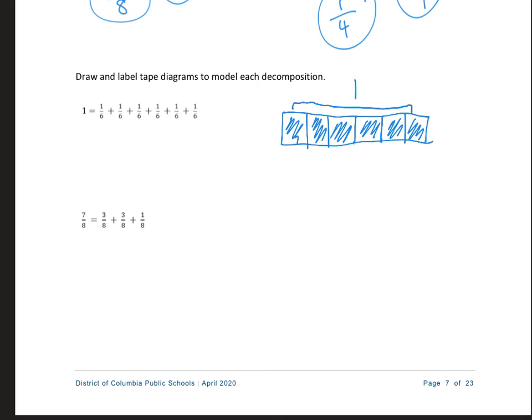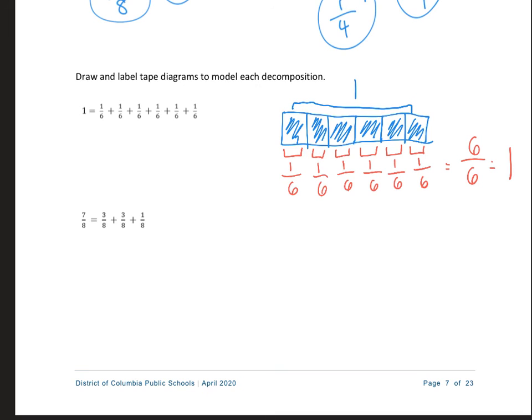They bracketed each one individually, so I'm going to have 1/6 plus 1/6 plus 1/6 plus 1/6 plus 1/6 plus 1/6. And that together is going to give me 6/6, which is the same as 1 whole.